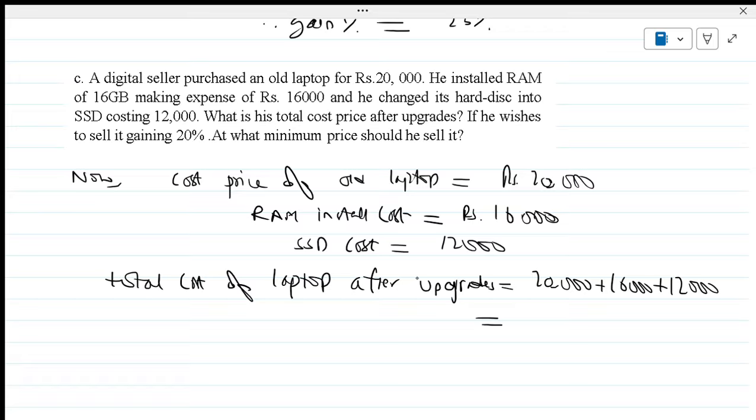These three added together, we get 20 plus 16 plus 12, that is 48,000. So the total cost of the laptop is now 48,000.